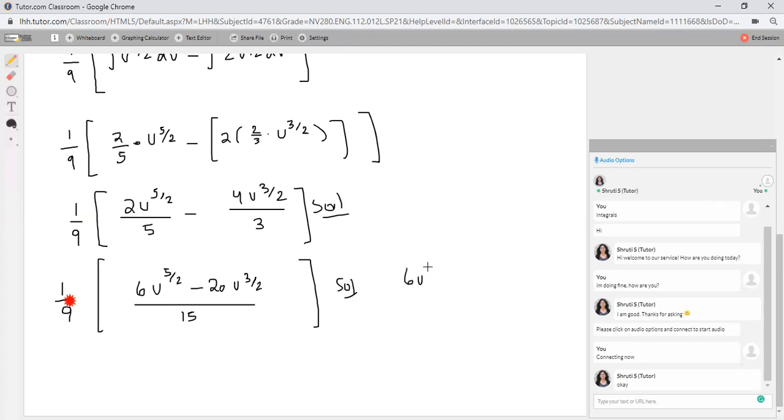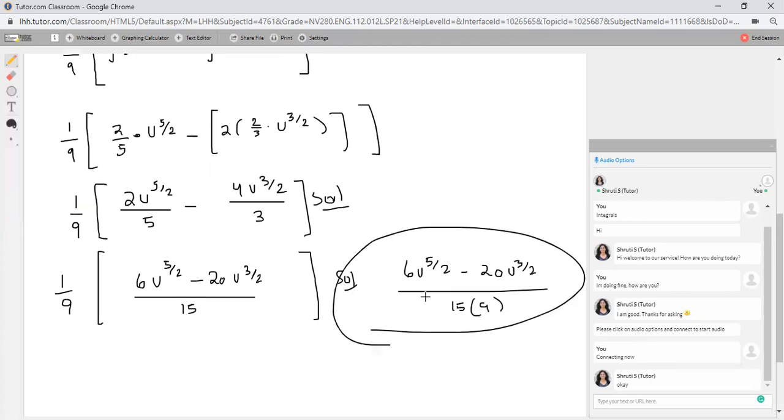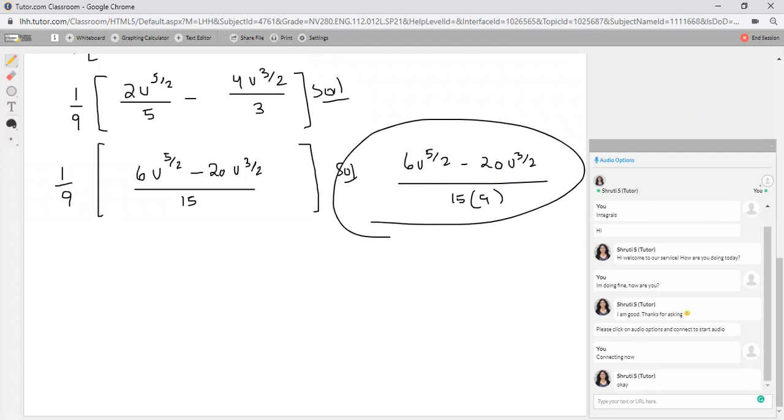You can multiply this also. Yes, so you can multiply this 15 times 9. What will be 15 times 9? 135 maybe? Yes, 135. Very good.